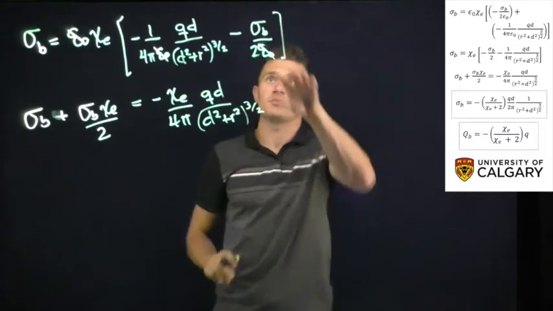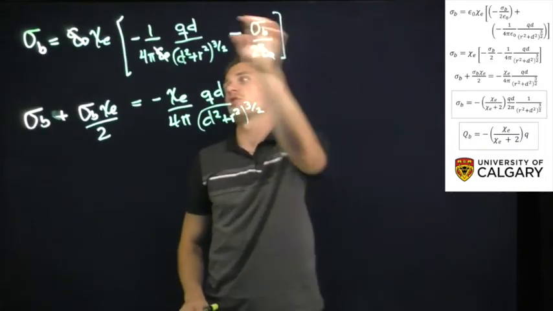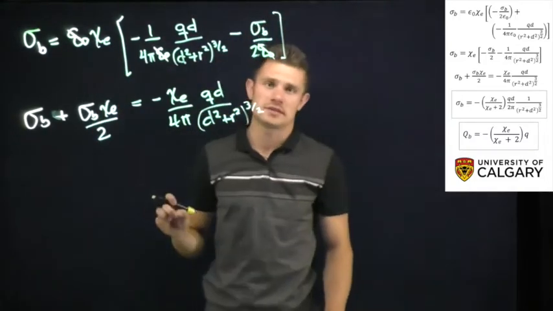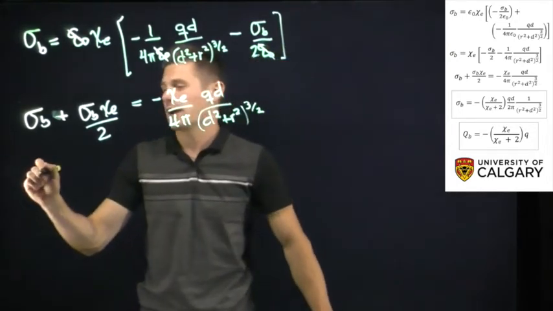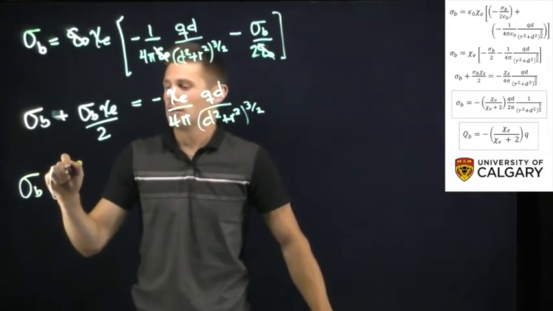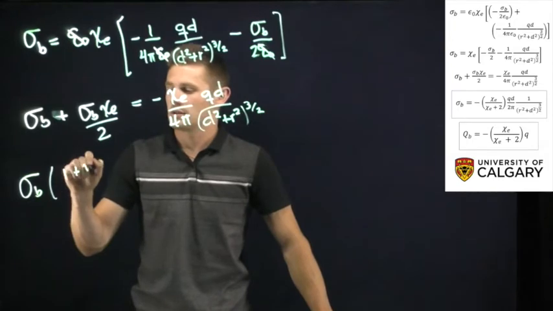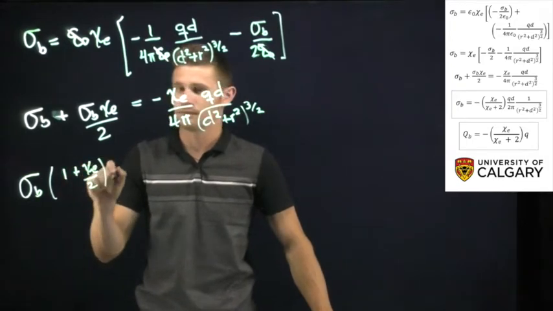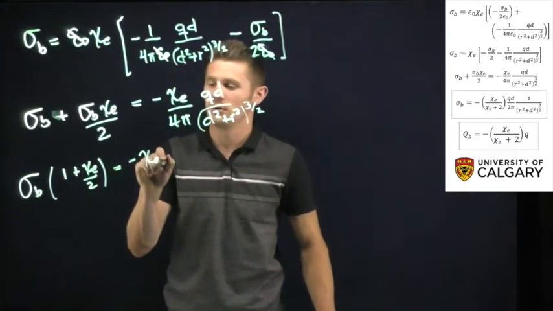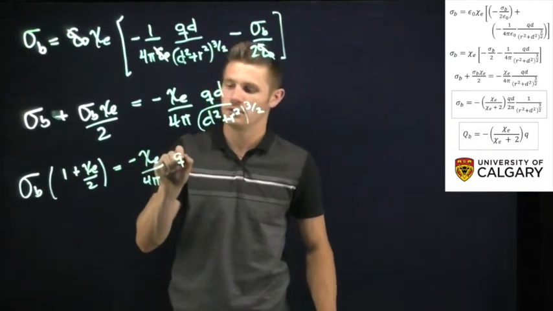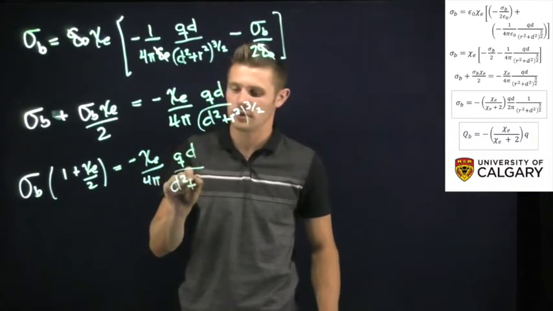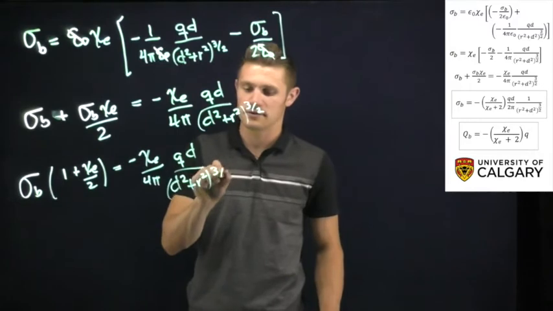So again, all I did was bring the sigma b, the induced surface charge, over to the left-hand side, including the susceptibility term. So we can factor out the induced surface charge. We end up with 1 plus chi sub e over 2 is equal to minus chi sub e over 4 pi q d over d squared plus r squared to the 3/2.